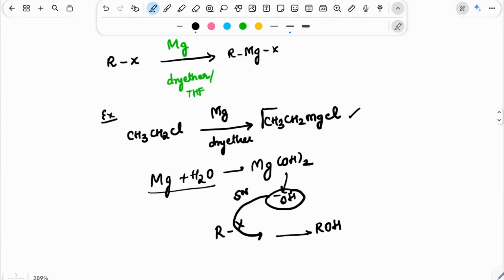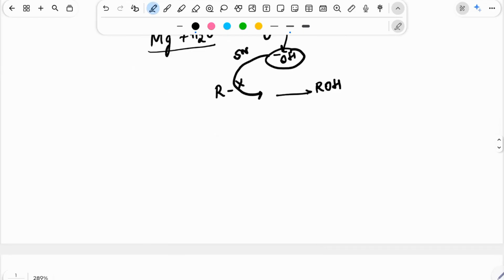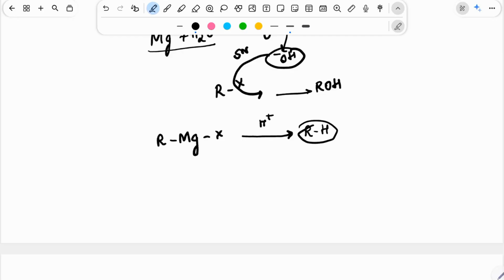Second reason, the Grignard reagent is highly sensitive and highly reactive towards H+ donors. What happens when it reacts with H+ donors? We get the corresponding hydrocarbon. We take RMgX, which is highly reactive towards H+, and we get the product RH, a hydrocarbon. So the Grignard reagent is stable only in dry ether.